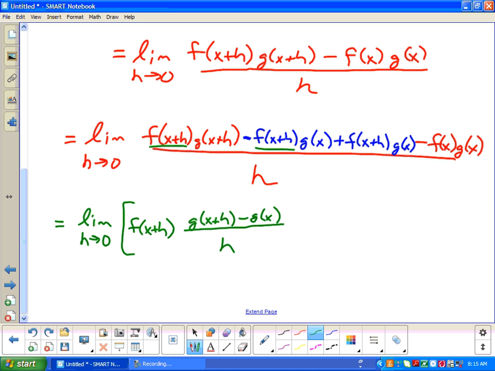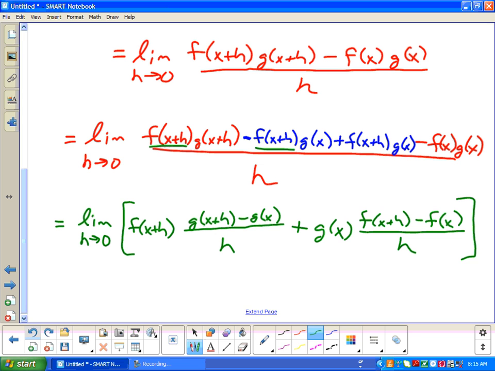What can I pull out in the next two terms that's the same? g of x can come out of those two. So I will go plus g of x, and what's that leave on top? That leaves f of x plus h minus f of x all over h.